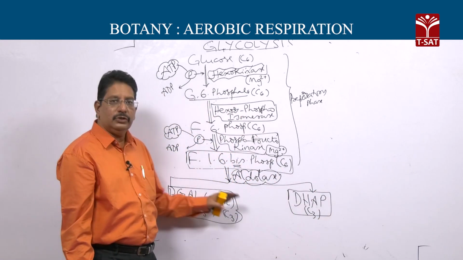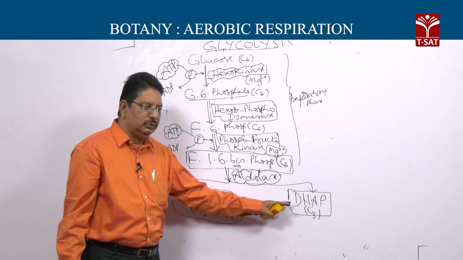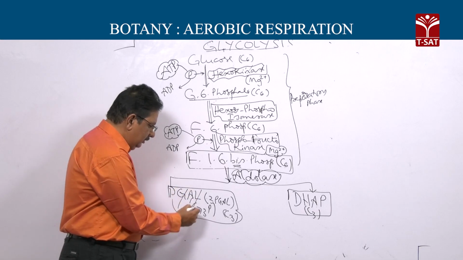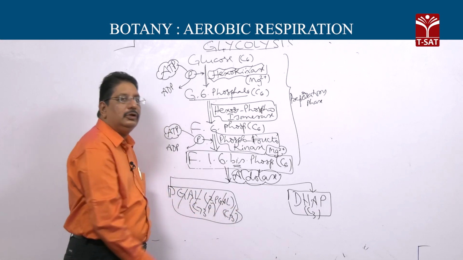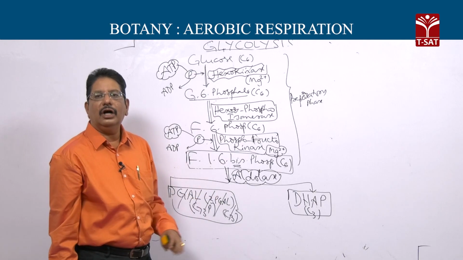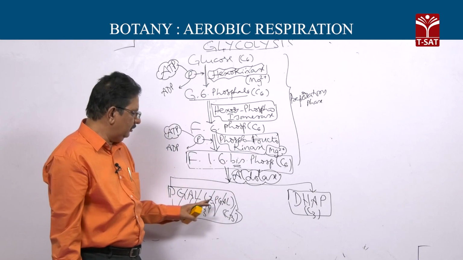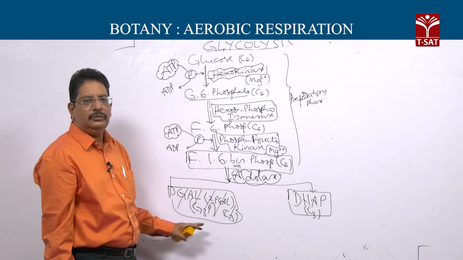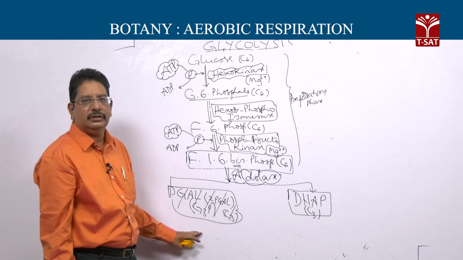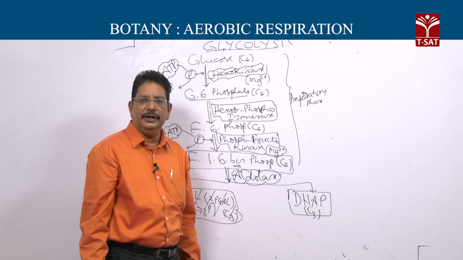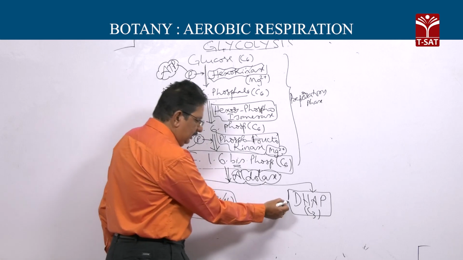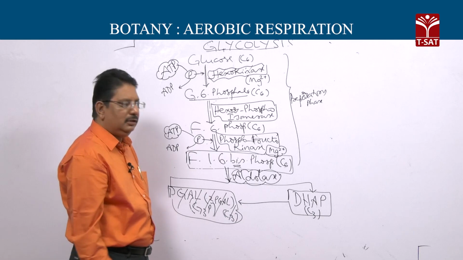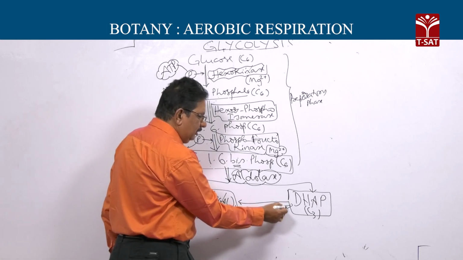But coming to the actual event, among the two compounds from glucose, only PGAL is a suitable compound for actual oxidation. What I mean is, PGAL is the right kind of glucose form ready to undergo oxidation, but not DHAP. That is why the DHAP molecule may convert into PGAL by means of an isomeric reaction.